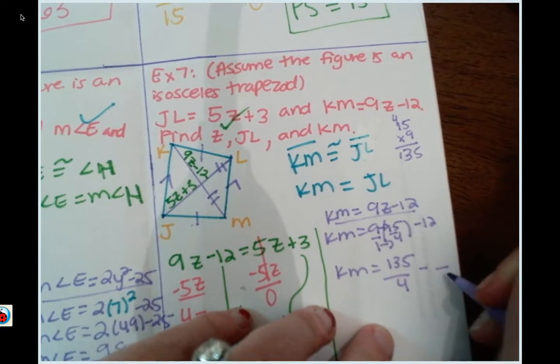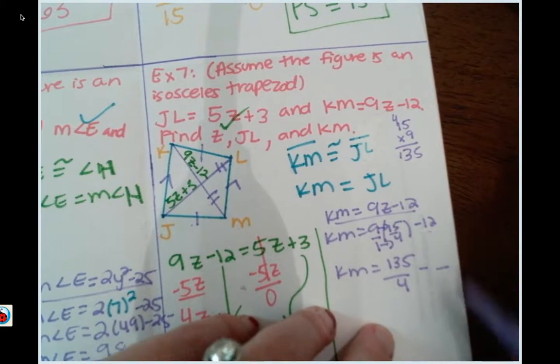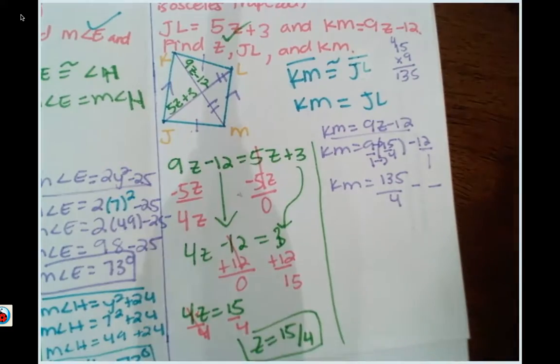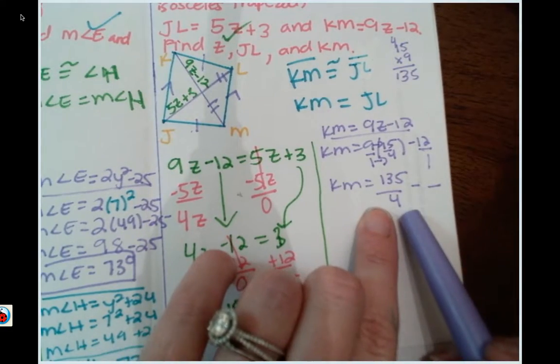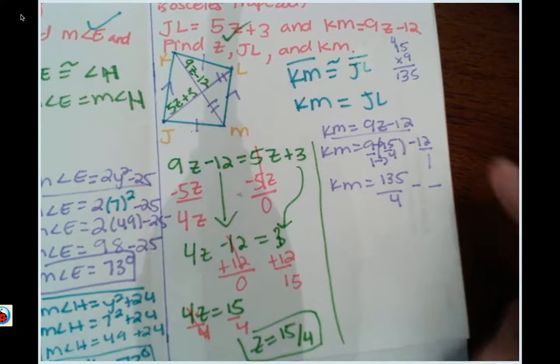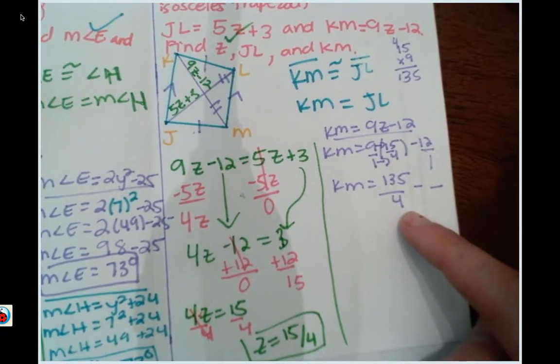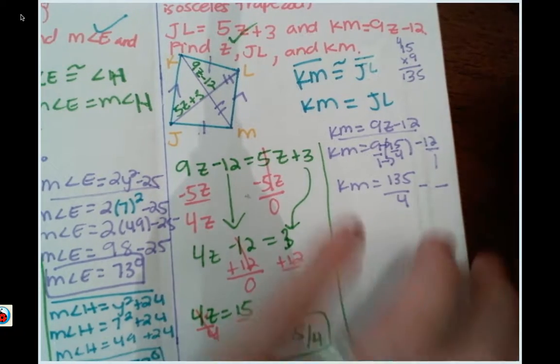And then minus, which I also want this one to be over 4, because remember when you add or subtract fractions, you guys, you must have a common denominator. So I'm going to put my 12 over a 1, and the goal is to get a denominator of 4. So what can I multiply to a 1 to get 4? You multiply it by 4.